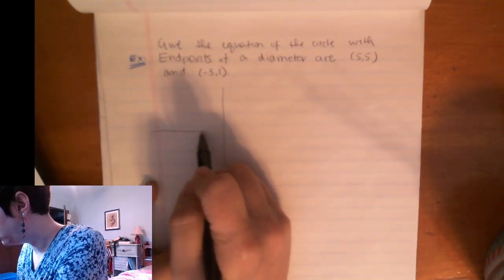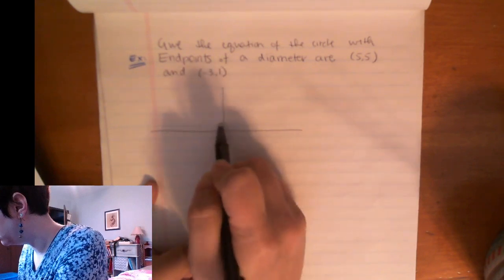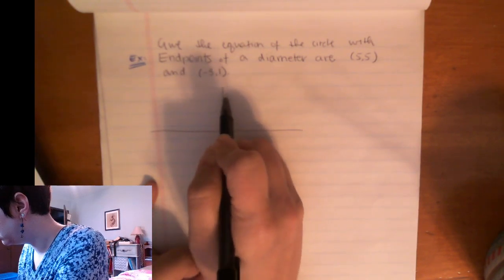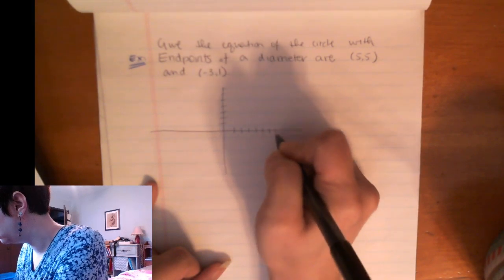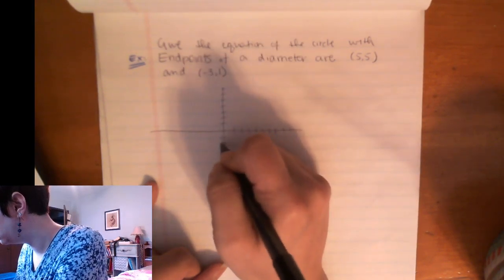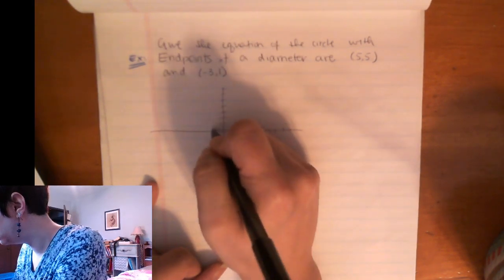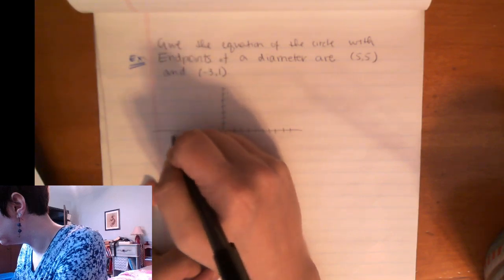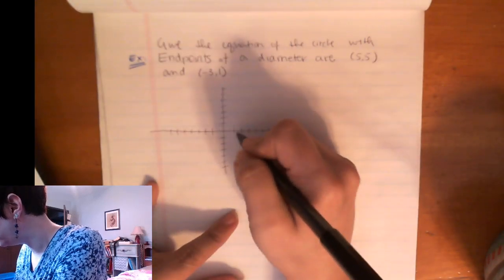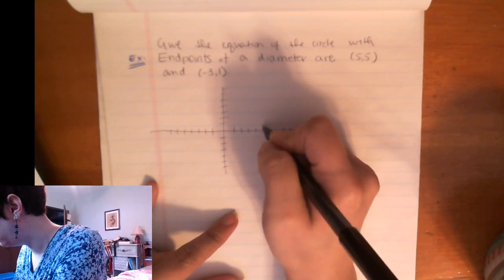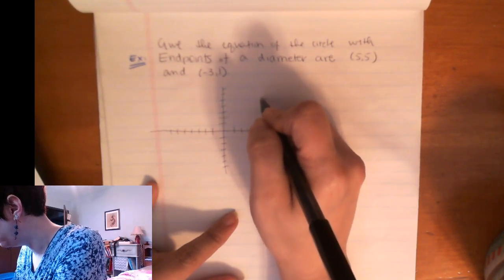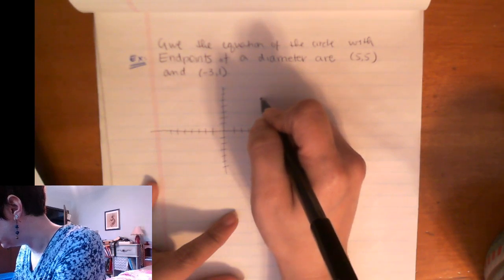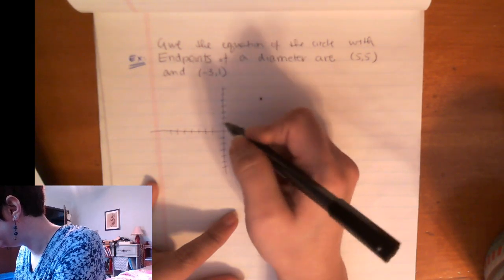It doesn't have to be perfect, it just has to be passable. All right, 5, 5. So 1, 2, 3, 4, 5. 1, 2, 3, 4, 5. And negative 3, 1.